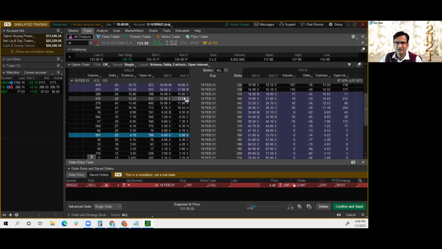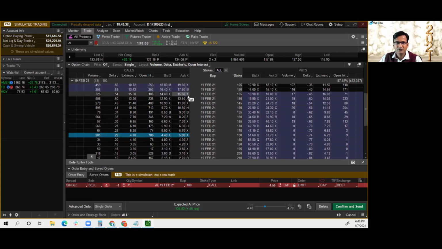For now, it looks like at a 180 strike price you're getting $4.50, so your net price at which it will get sold will be 184.50 because you got a premium of 450 upfront. You might be thinking, if my shares get called away at a net price of 184, I think it's a decent price point. I'll go ahead and do this trade.